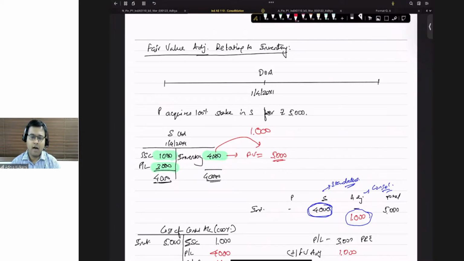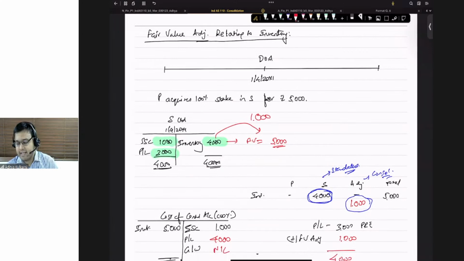So now coming back to our inventory case. P acquires 100% stake in S for 5,000. This is clear. So on that date, S Limited's balance sheet had equity capital, P&L and inventory of 4,000. The fair value of that inventory is 5,000.